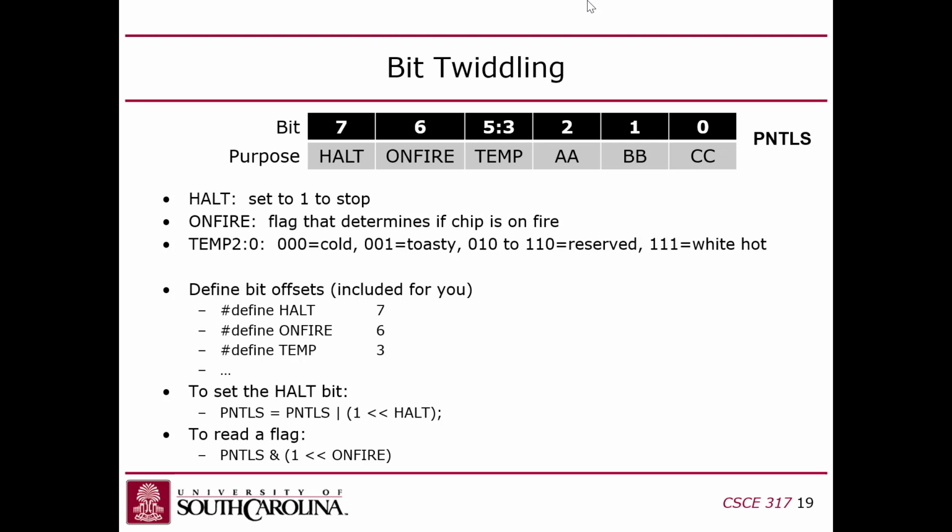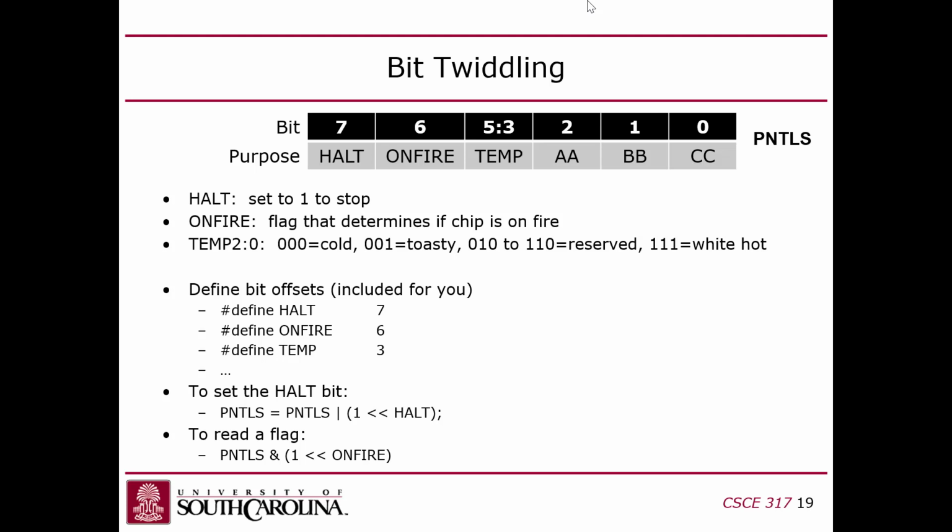So you take a 1, and I would use this left shift operation. So this would take the 1, shift it 7 bits to the left, and then OR that in to the register. In other words, if that bit was 0, it would make it a 1, or if it was a 1, it would still make it a 1. It wouldn't change it. And then it would set it back to the PNTLS register. Make sense? Right? So that's how I would set a bit.